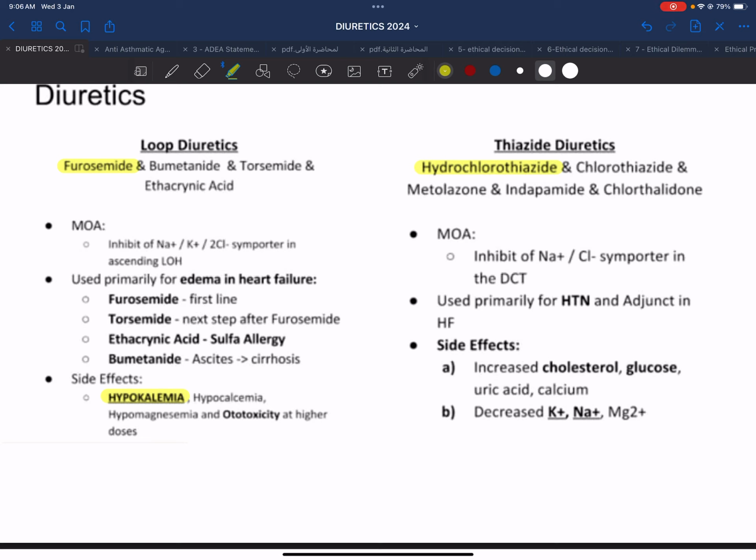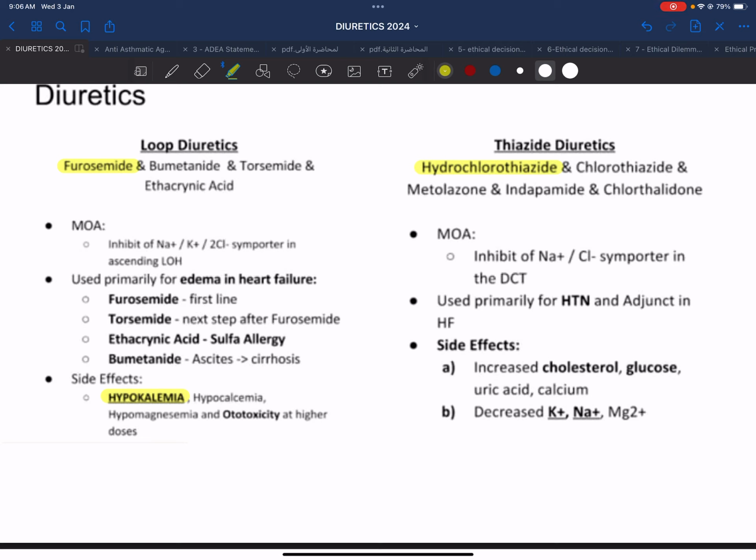And the last one, it will cause hypercalcemia. So these are the hypers: hypercholesterolemia, hyperglycemia, hyperuricemia, and hypercalcemia. What about hypo? It will cause hypokalemia, hyponatremia, hypomagnesemia. Okay? So both are important.